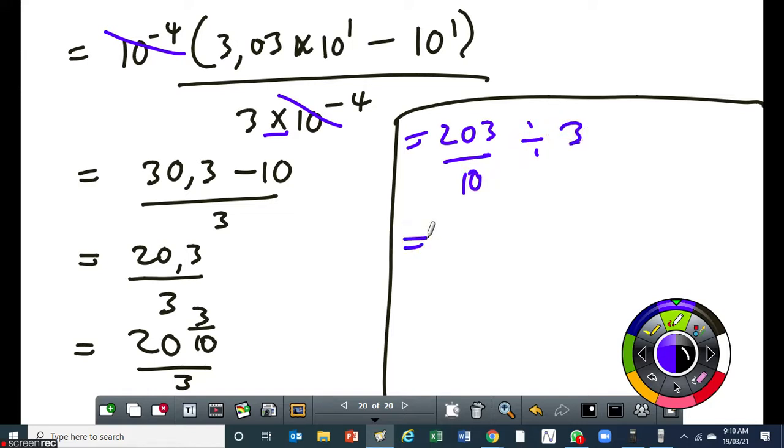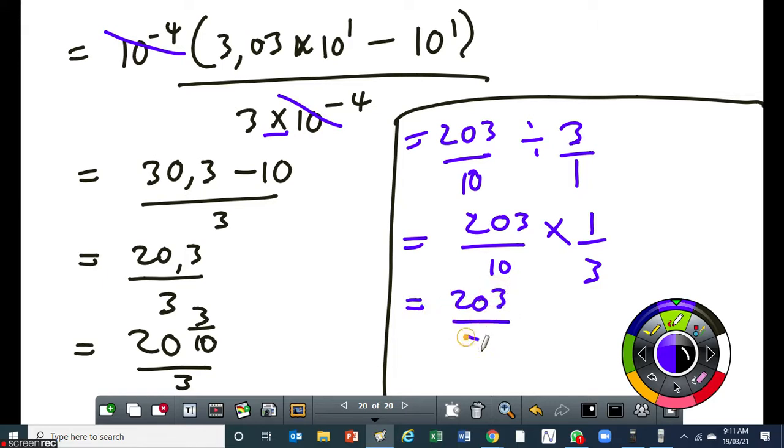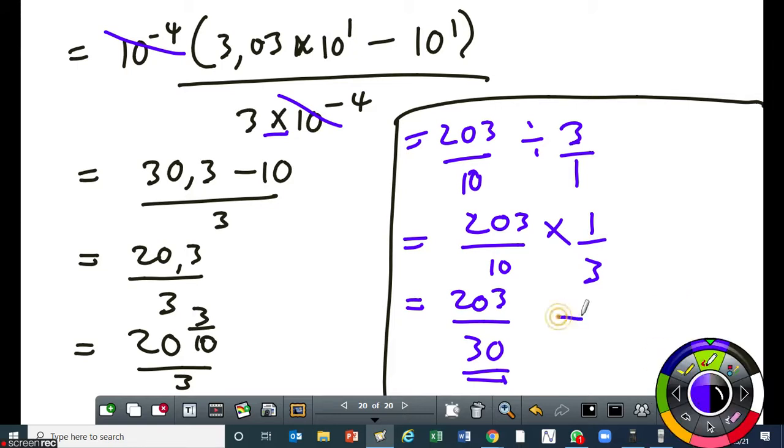This is going to be equal to 203 over 10 times 1 over 3. The denominator there is a 1. So my final answer I can write as 203 over 30. Okay, I can write it like that. If you want, you can use the calculator and simplify it. You get 6 comma something. What will be the answer to 2 decimal places?